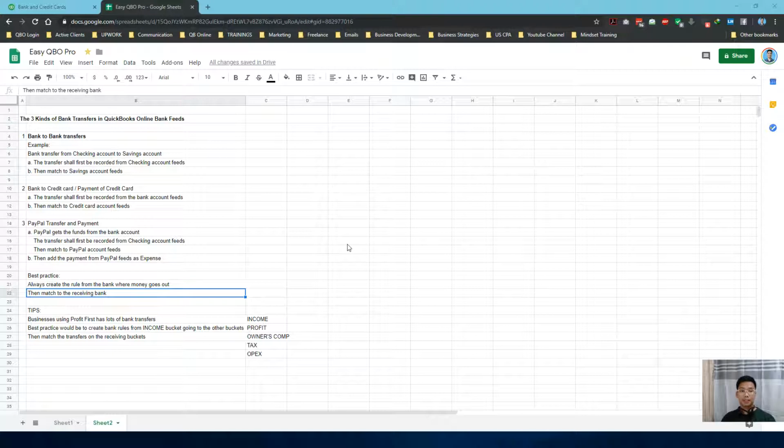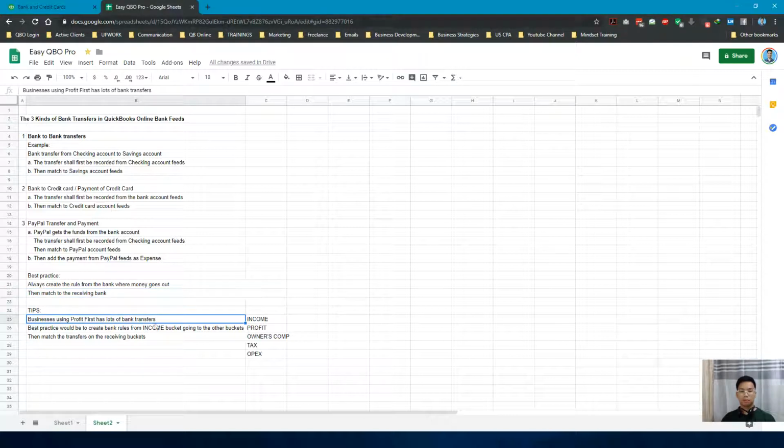Another tip is that if you are using the Profit First method in managing your cash flow, businesses which use Profit First have lots of bank transfers, and if they are not handled properly, then they will create a lot of mess in your bank records. So the best practice would be to create bank rules from the income bucket going to the other buckets.